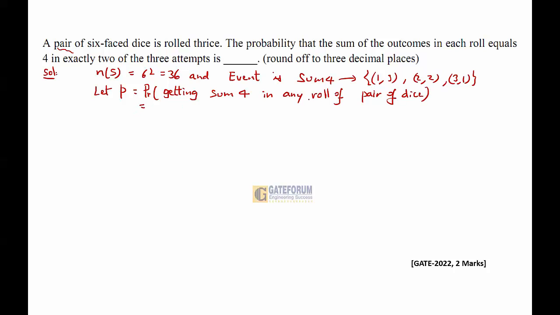So 3 favorable outcomes out of total outcomes 36, so this is 1 by 12. This implies Q is equal to the probability of not getting sum 4, so that is 1 minus P, which is 11 by 12.